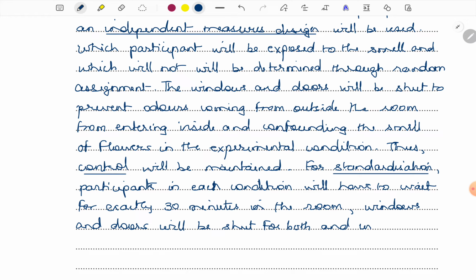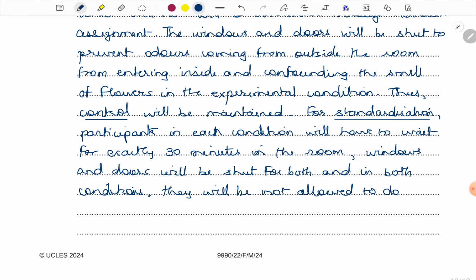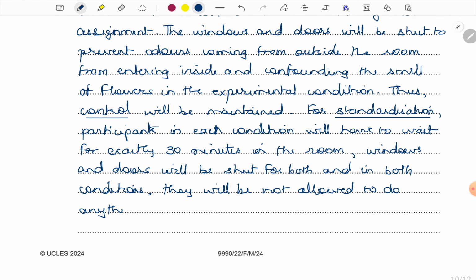And in both conditions, they will not be allowed to do anything as they wait. This is important for standardization also, and it is important for control, because if they're going to do something else, then they're unlikely to daydream. But I'm not elaborating more on control, as there's not so much scope to explain each and everything. I'm just telling you how I'm thinking about it.